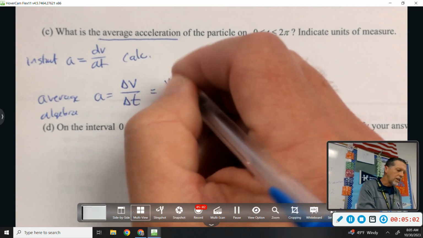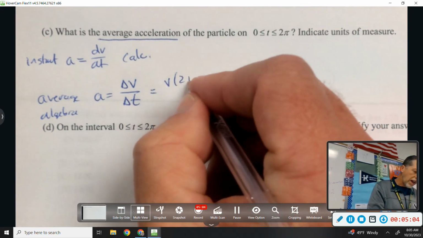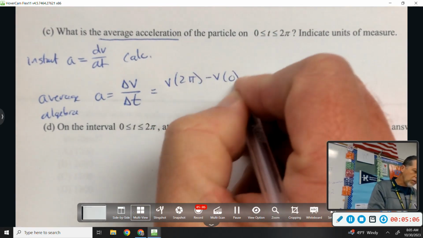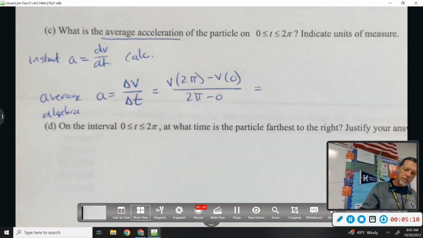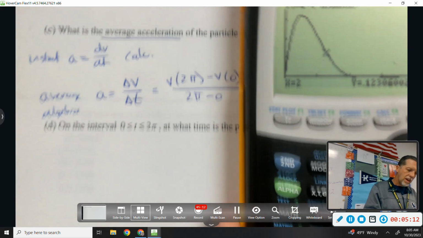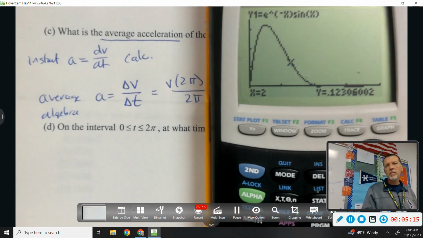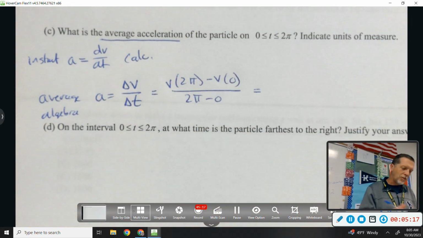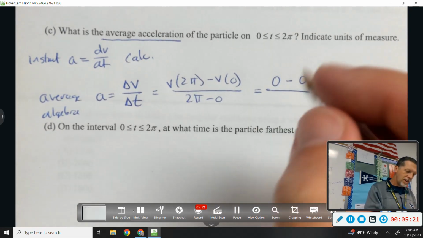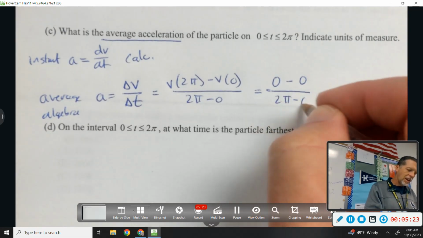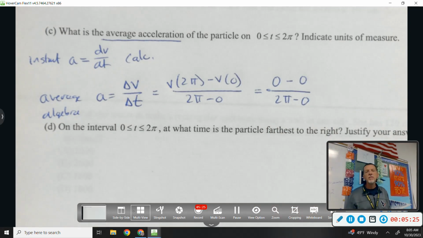So I need v of 2 pi minus v of 0 over 2 pi minus 0. I guess I should plug them in, but I can tell by looking that v of 2 pi is 0 and v of 0 is 0. And I could just leave that as my answer. Indicate units of measure.